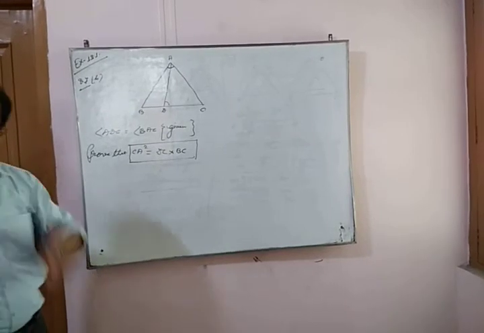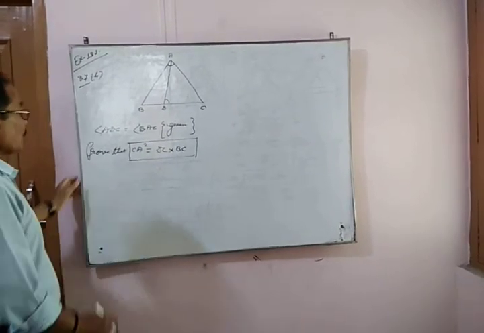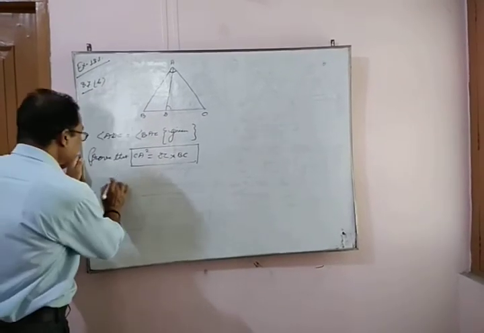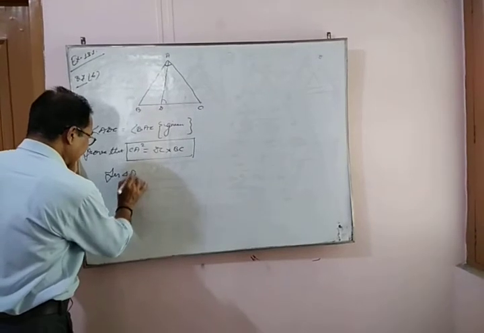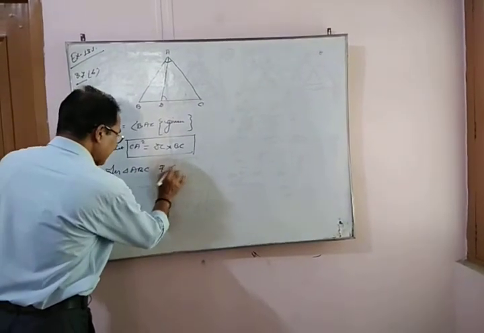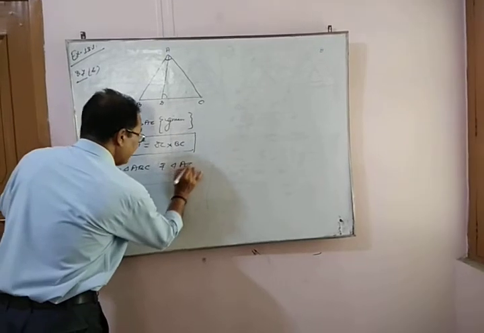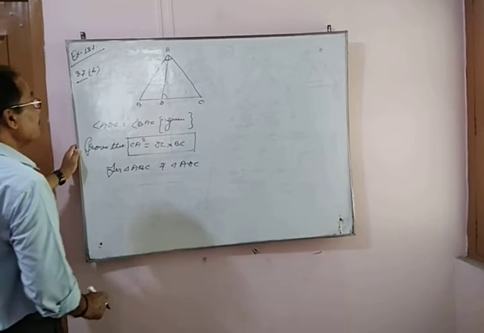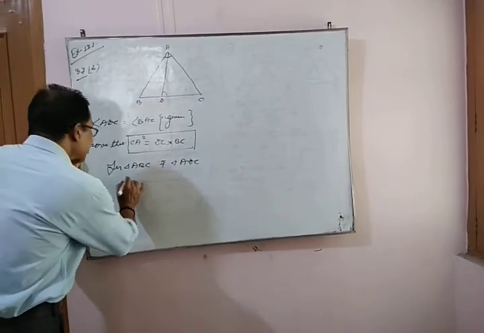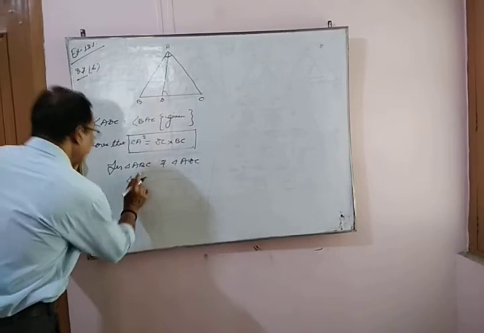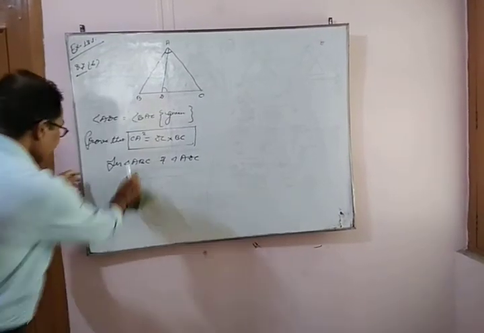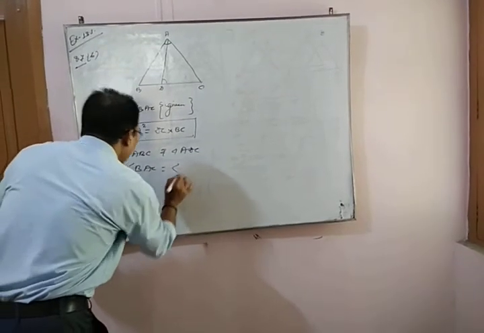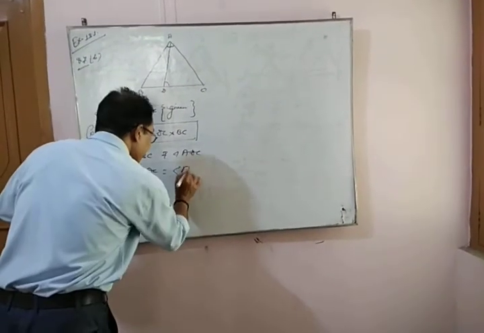Then we will apply the principle of similarity. So find out which two angles are equal in these two triangles. In triangle ABC and triangle ADC, you see in the diagram, angle BAC equal to angle ADC.